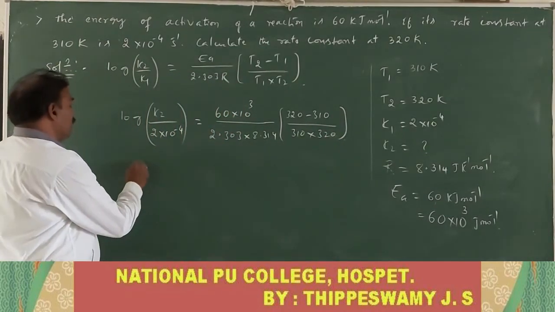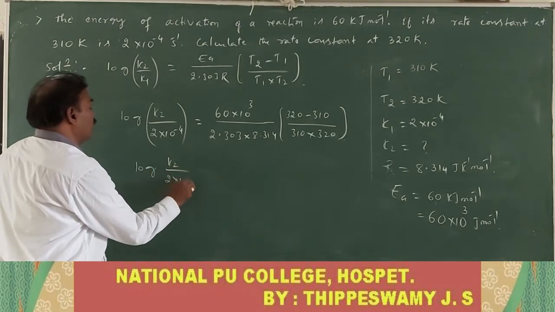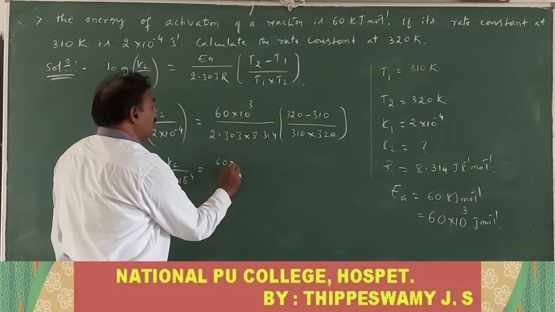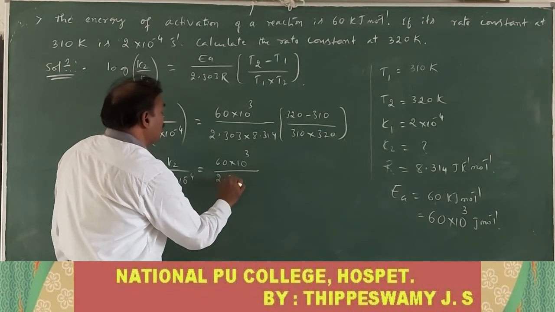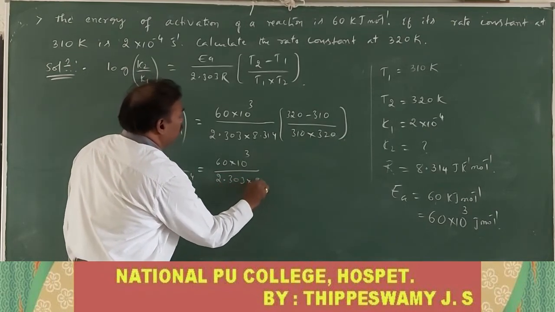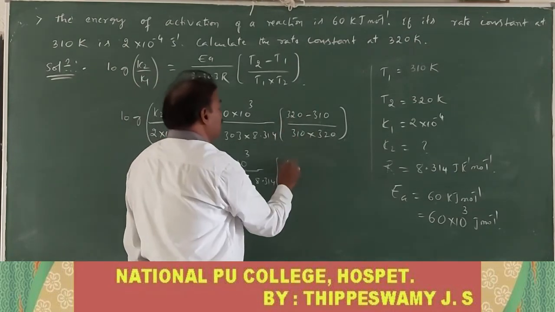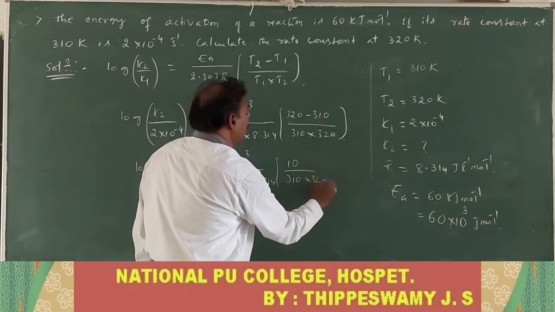So log K2 divided by 2 into 10 to the power minus 4 is equal to 60 into 10 to the power 3 divided by 2.303 into 8.314, into 320 minus 310, that is 10 only, divided by 310 into 320.